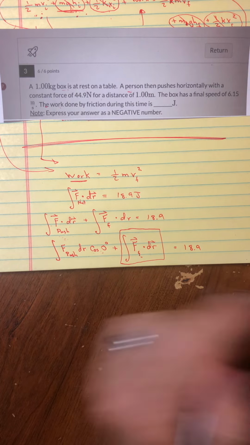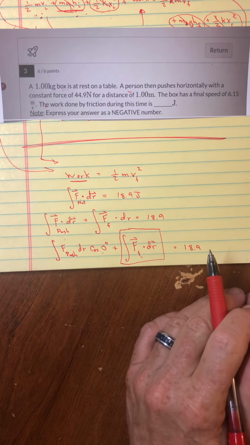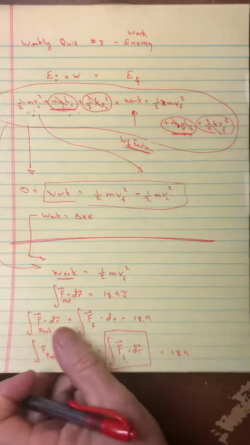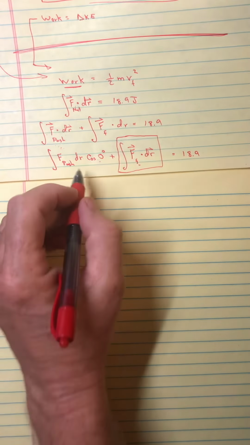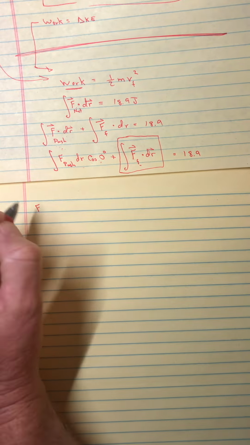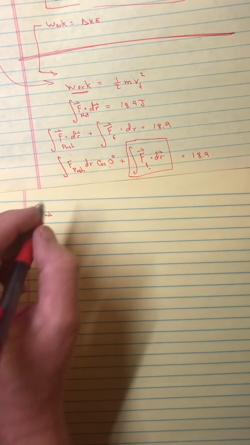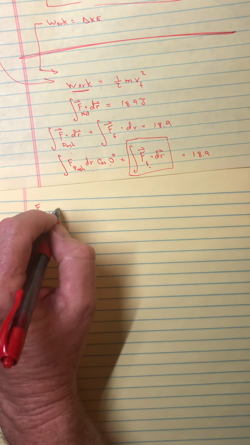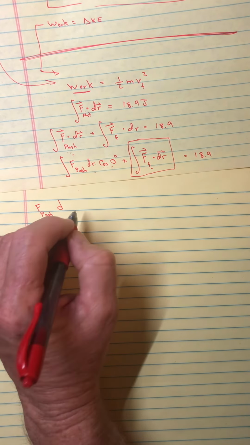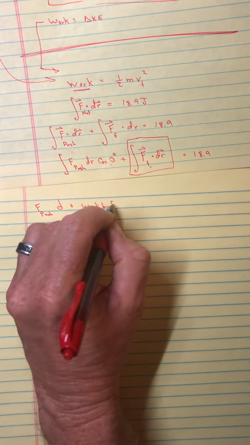Okay. So let me just solve for this whole box. I'm not going to actually do the integration. Okay. So this would be this term, which since the push is a constant, I would just have force times the distance it traveled. Let me put d. And then plus, and in this box, let me just put the work by friction.